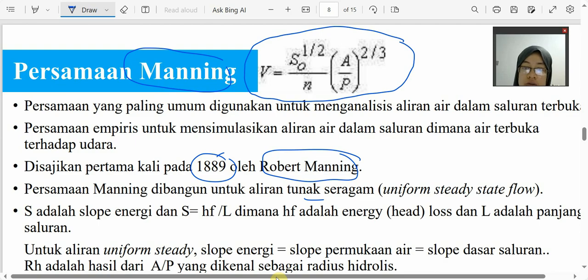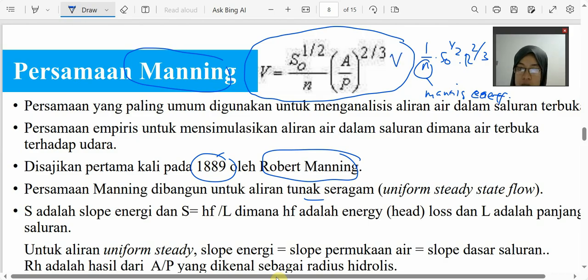Times S0 times R, okay, because A over P is R. So this N is the Manning coefficient, okay. So V is equal to 1 over N times S0, and yeah, this is the equation.